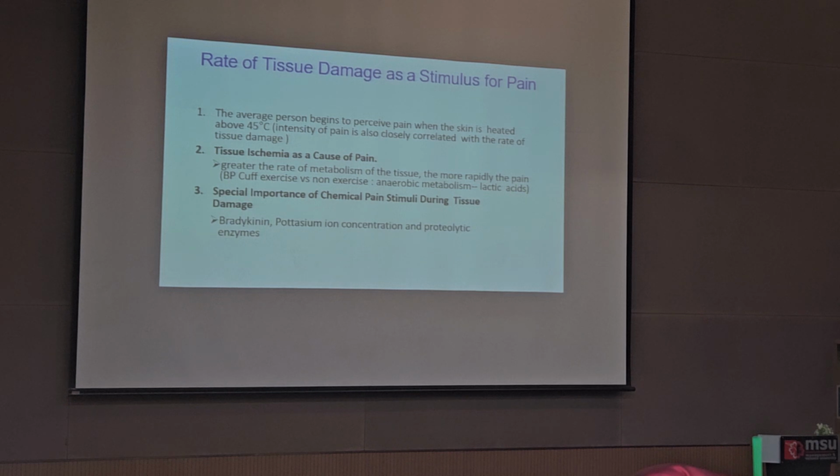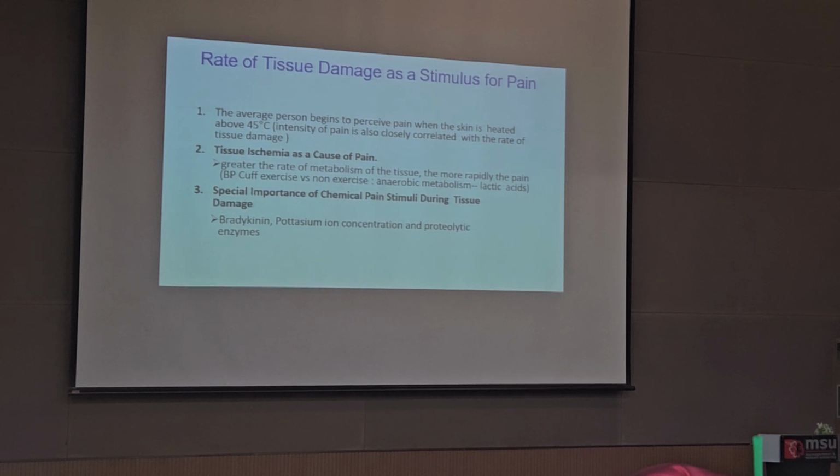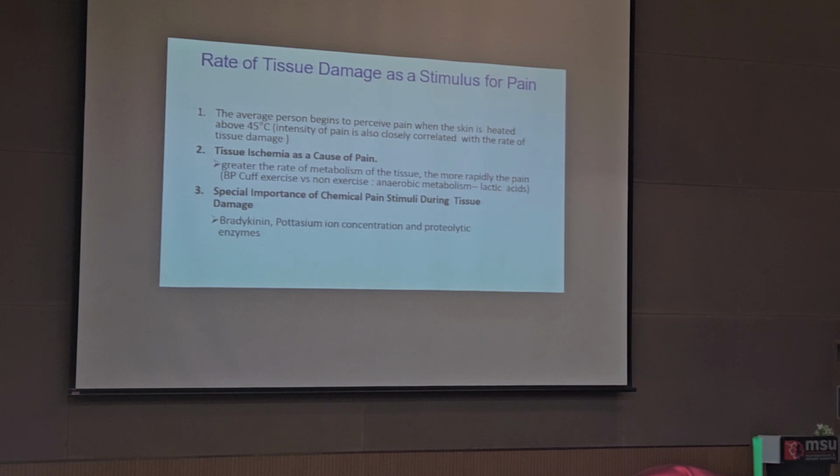Tissue ischemia is also a cause of pain. Any reason for tissue ischemia, such as no blood supply, causes accumulation of substance P, inflammatory mediators, and lactic acid accumulation, which causes pain sensation.